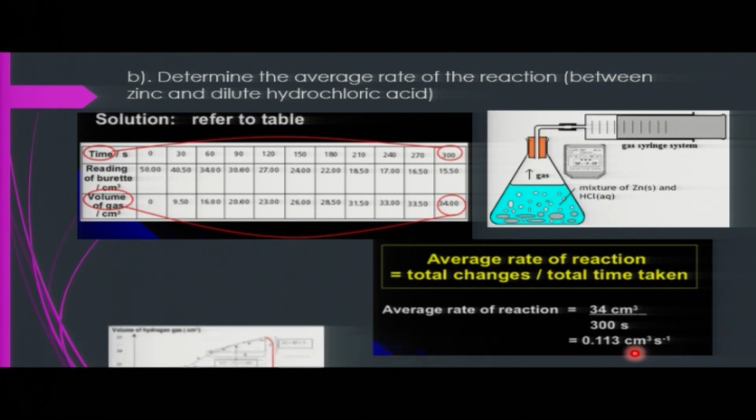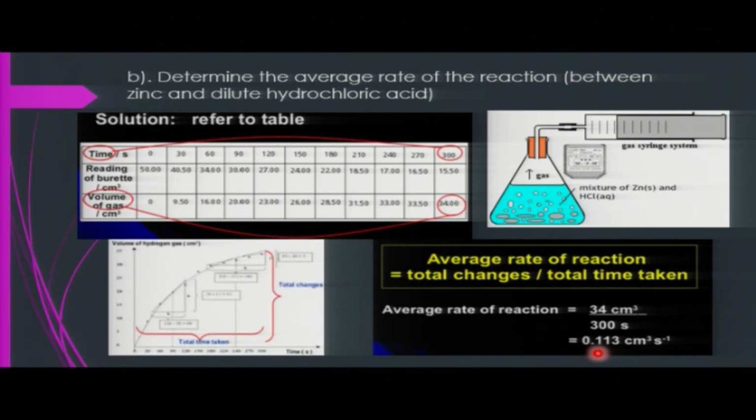I believe some of you used the graphic method. You had plotted your graph, right? So to get the total change, just look at the highest point on your graph, which will give you 34.